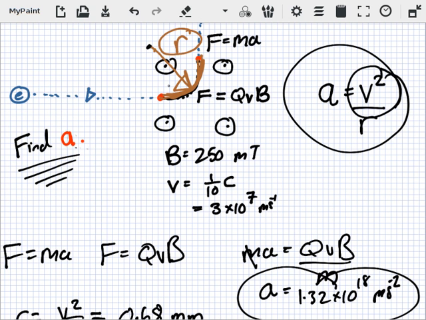It's just the part of the circle that is in the field. It depends how big your field is. If your field is only this big, it comes in and it curves around and it comes out.